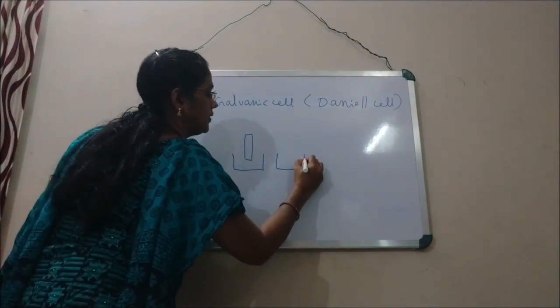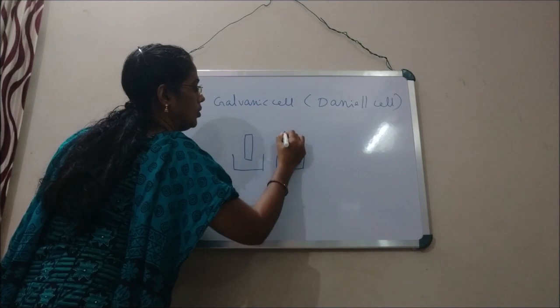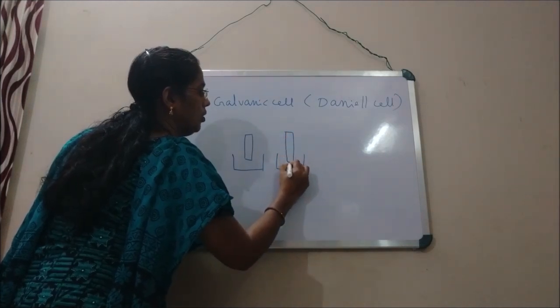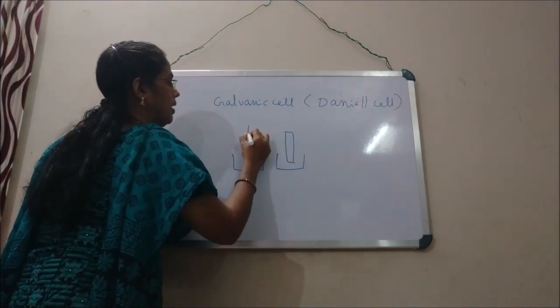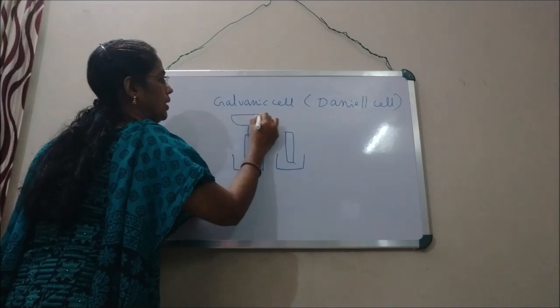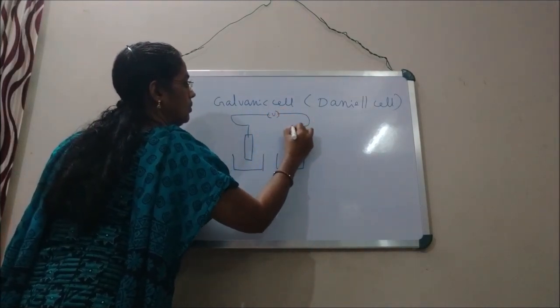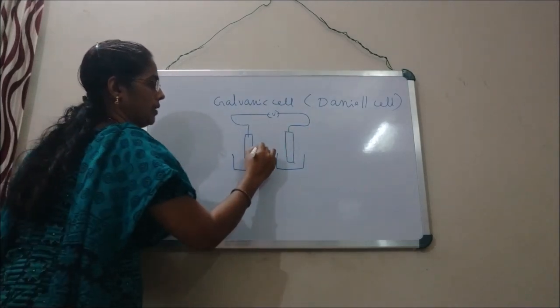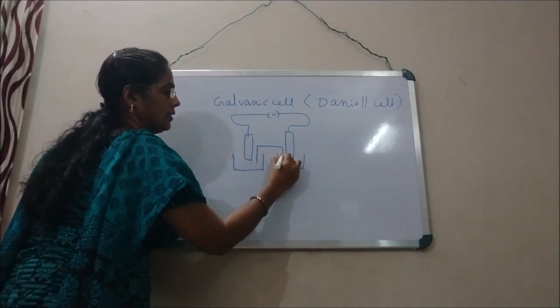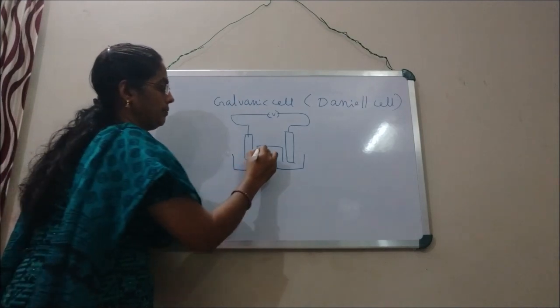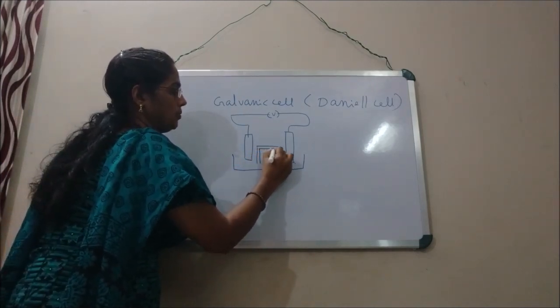The other half cell is a copper electrode dipped in copper sulfate solution, and these two half cells are externally connected through a voltmeter, and the internal circuit is completed by the salt bridge.